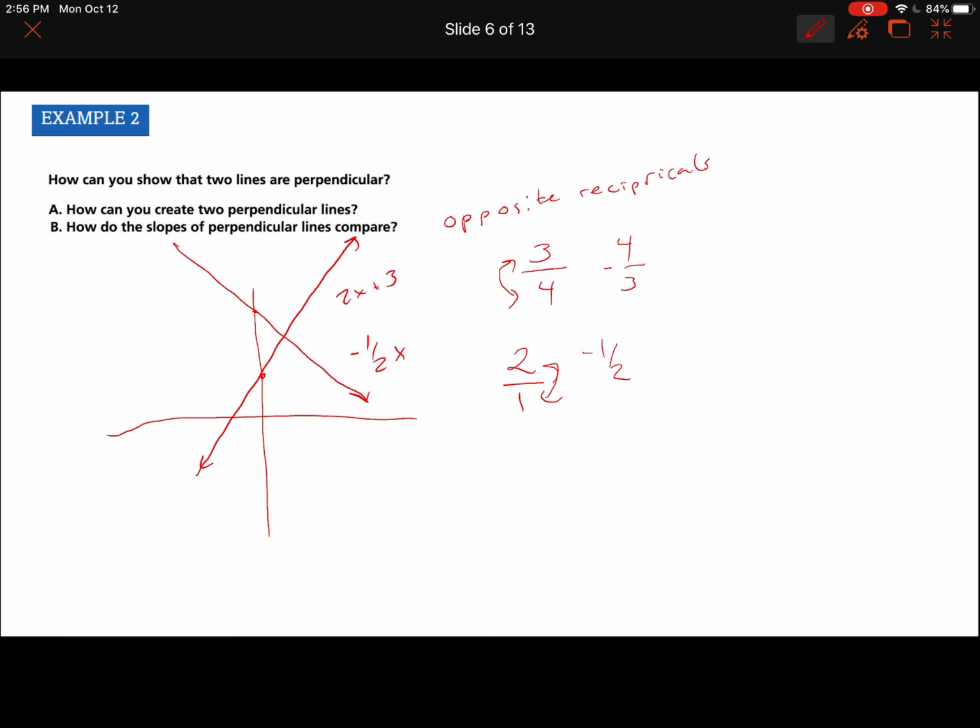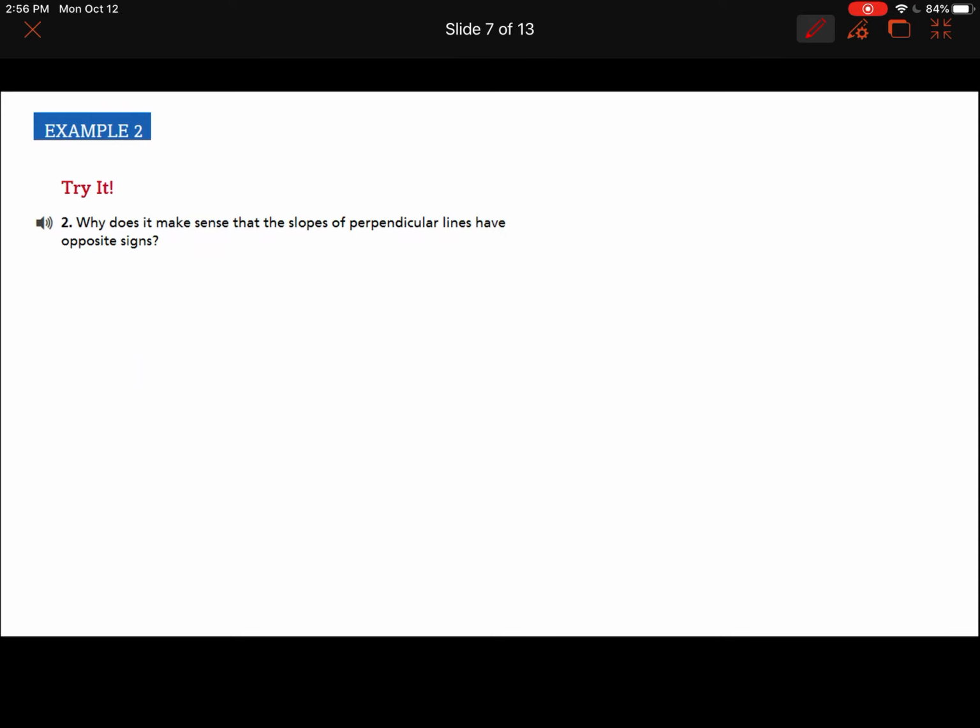So this might be negative 1/2 x plus 6. Again, the y-intercept isn't necessarily going to matter because we could have tons of perpendicular lines. I could have one down here, one further down, one further up. So this is going to change, but if my slope is 2, the perpendicular line is going to have a slope of negative 1/2 every single time.